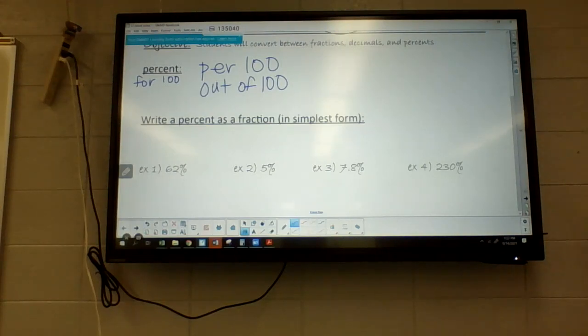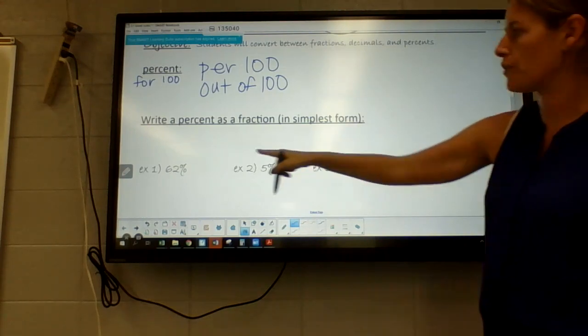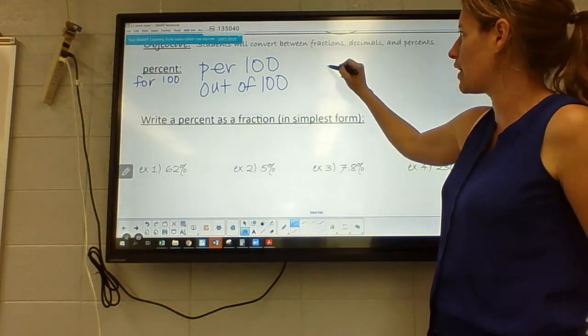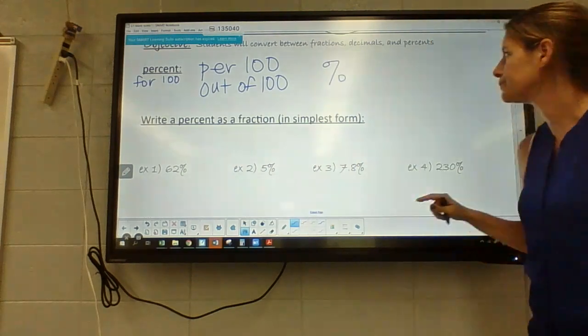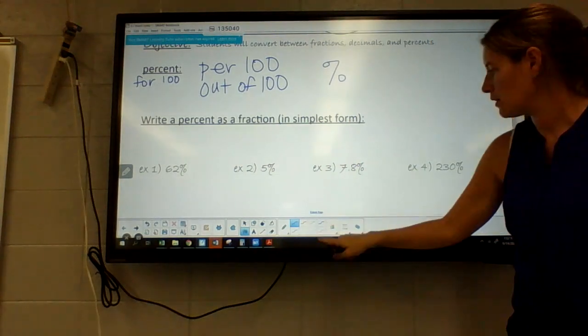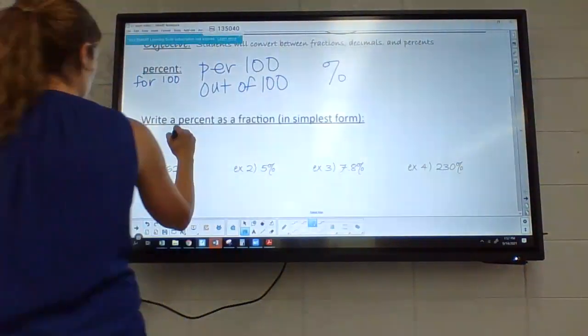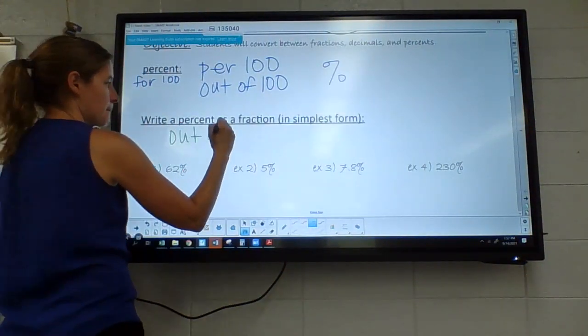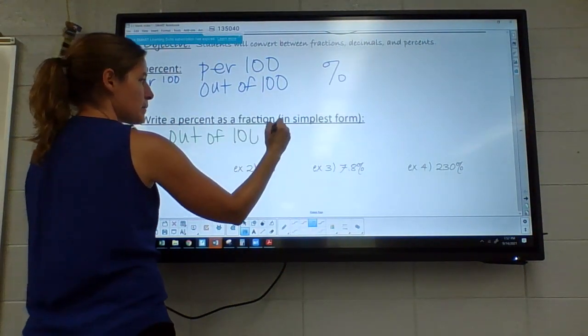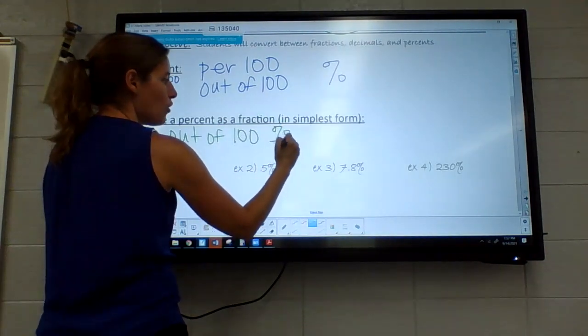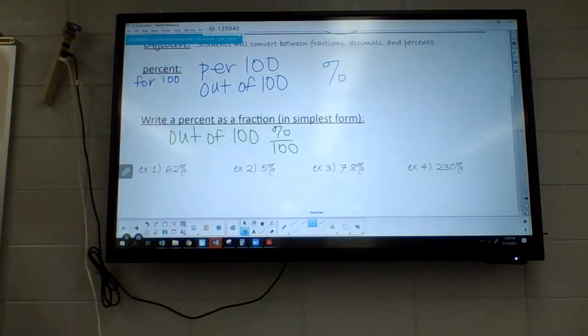So they want us to write this percent as a fraction in simplest form. Anytime you see that percent symbol, you can basically say out of 100. So 62 out of 100. We're going to take that percentage and put it over 100, and then we're just going to simplify that.